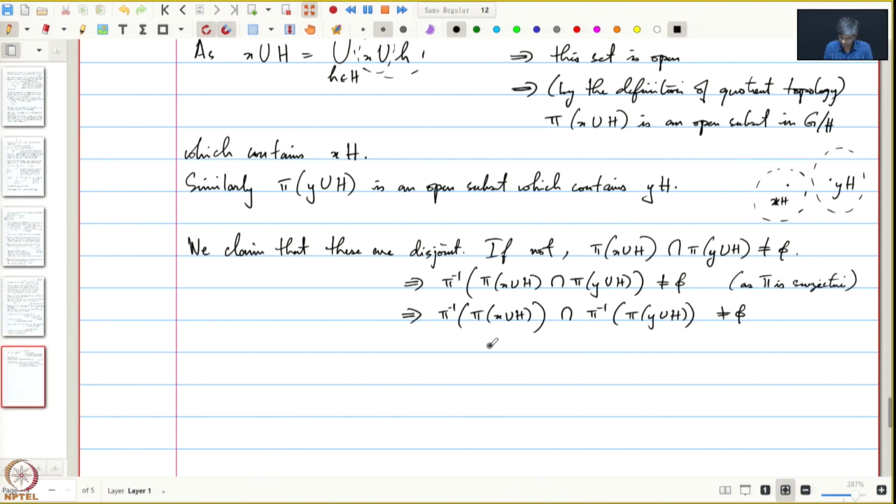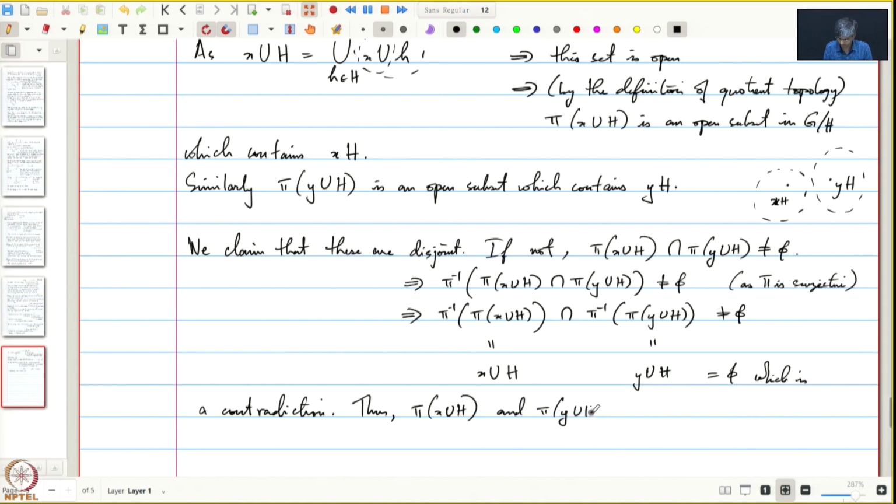But this is equal to x U H and this is equal to y U H as we saw, and this intersection is empty, which is a contradiction. So thus these two open neighborhoods are disjoint.